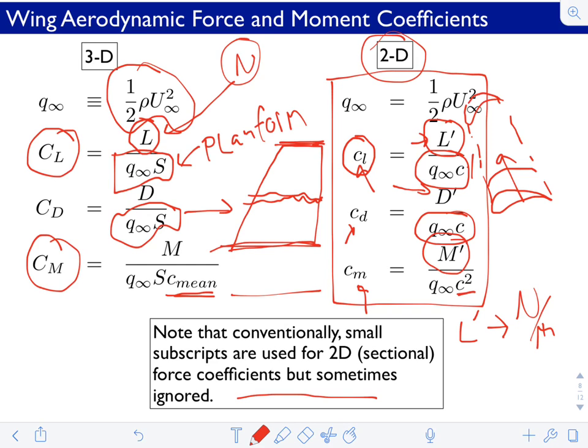Is it less? Is it more? The deviation from the sectional lift coefficient comes from the three-dimensional effects that we'll study in class. We'll essentially treat 3D lift as the 2D lift provided by the sections that make up the wing, plus some kind of 3D effects, which are generally speaking detrimental.